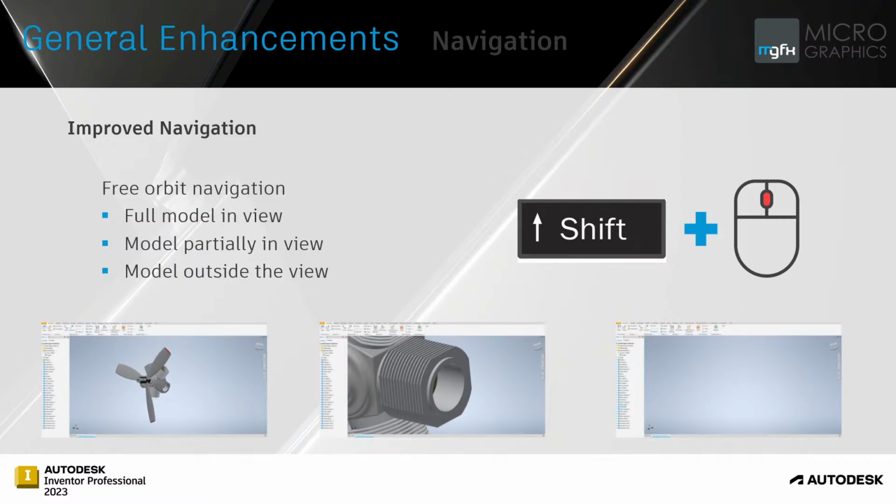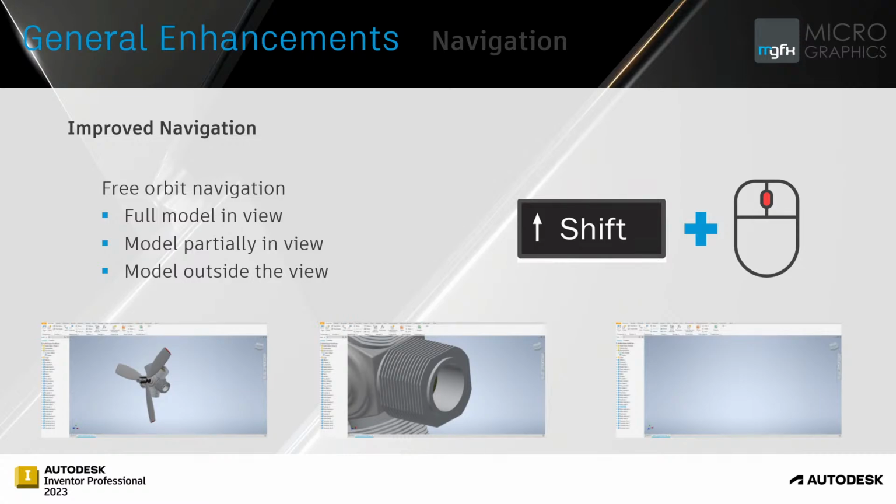However, they've slightly refined exactly how that works to allow you to more easily and more granularly rotate the model in particular situations. Right? Those 3 particular situations are: 1, when the model is in full view; 2, when the model is partially in view; and 3, when the model is outside the view.